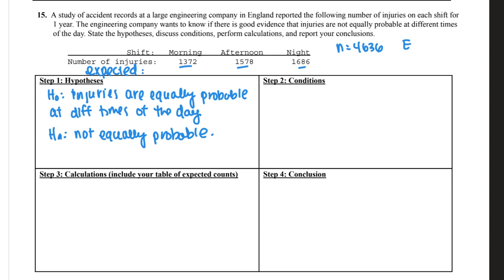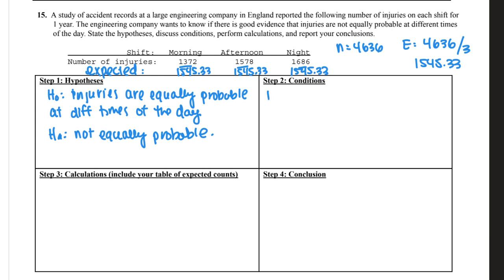So to get my expected counts, we're just going to do 4636 divided by 3, or basically taking 33% of that for morning, afternoon, and night. So that's going to be 1545.33 for each. That's going to be my expected counts.